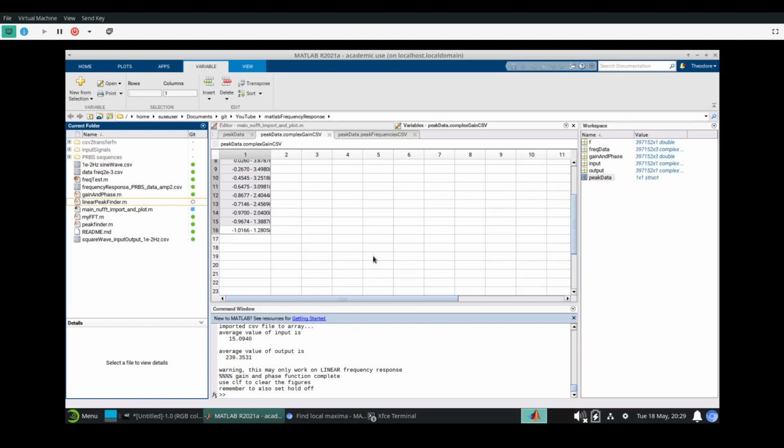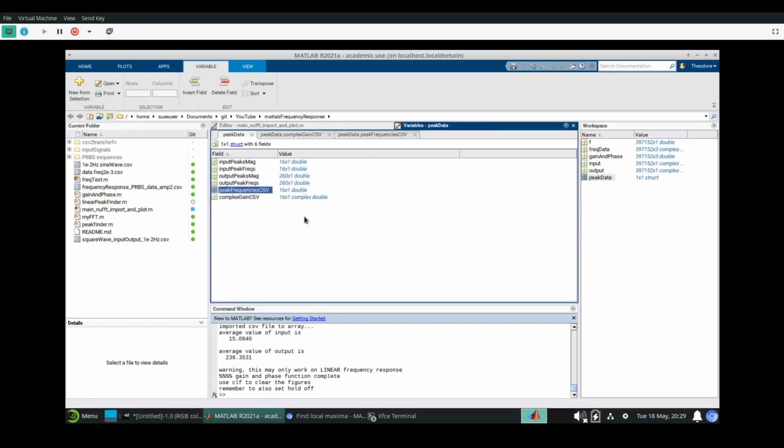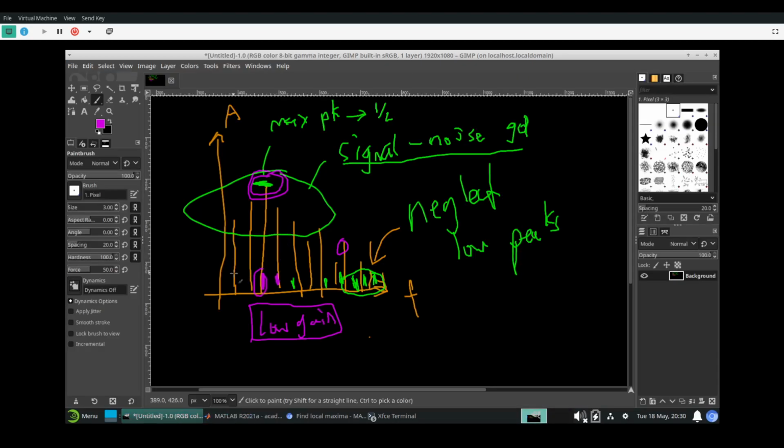I hope I'm getting my point across that when we want to consider frequency response data, you only want to consider input frequencies where the magnitude at those frequencies is much higher than the noise.